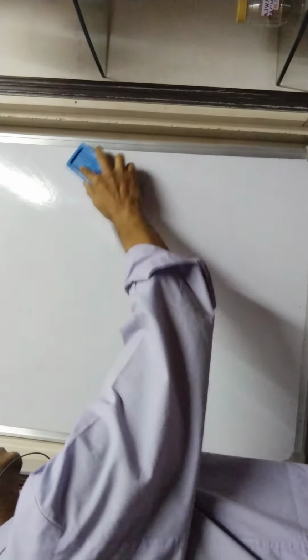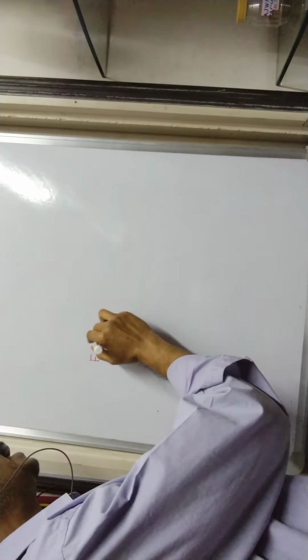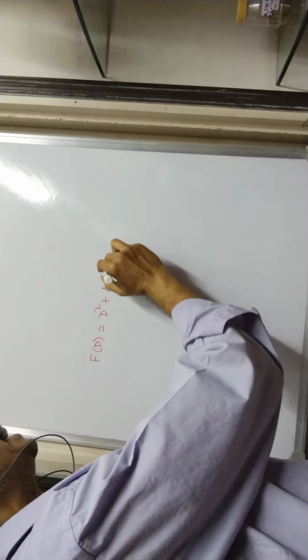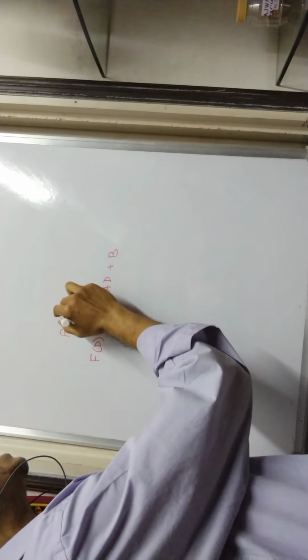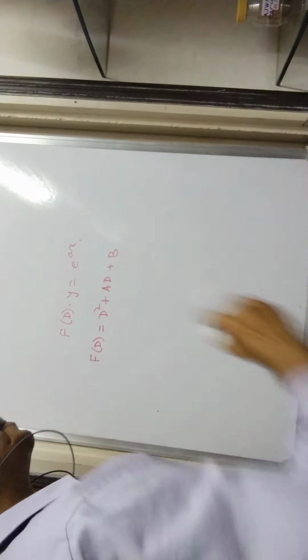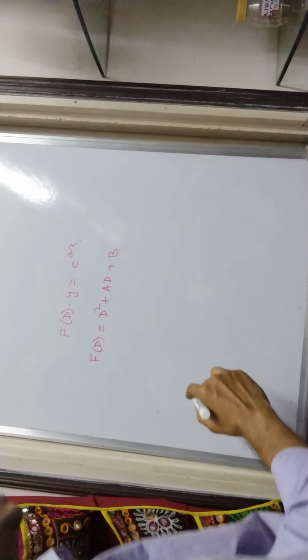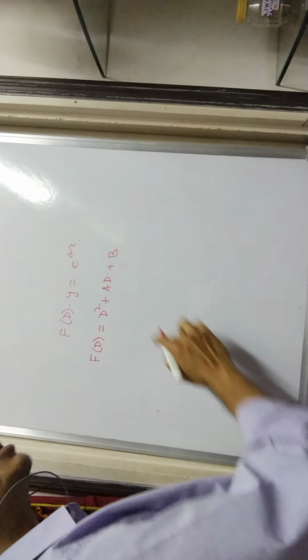This rule is more or less simple to find. Just take f(D) as D square plus aD plus b. As we know, the equation is written as f(D) operated on y is equal to e to the power ax. Isn't it so? Where a and b are constants.